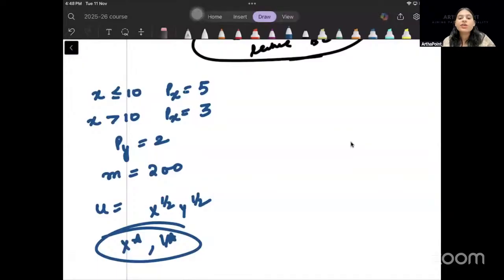Or it could be that the question asks you to find the optimal utility. So okay, just take a minute, try to do it yourself, then we'll see. Give it a try.